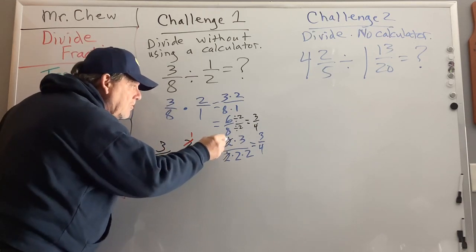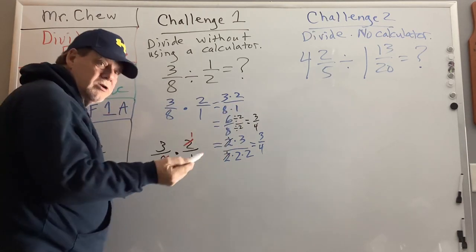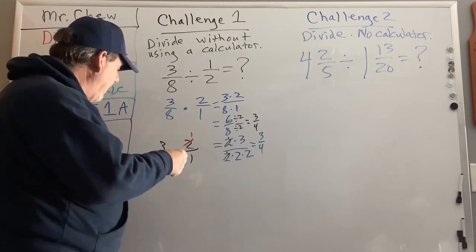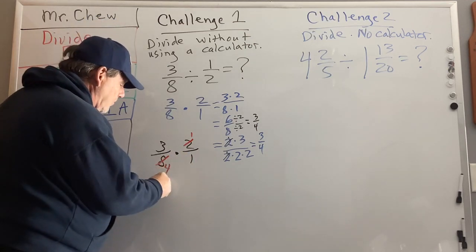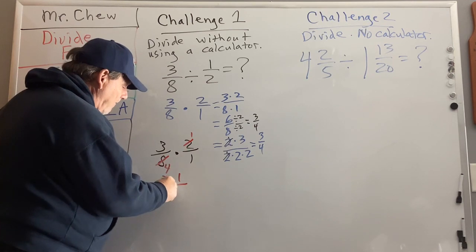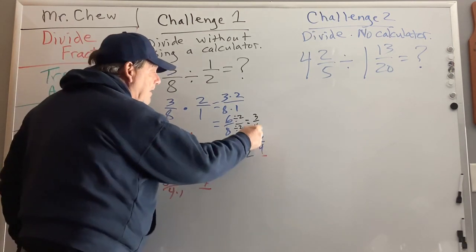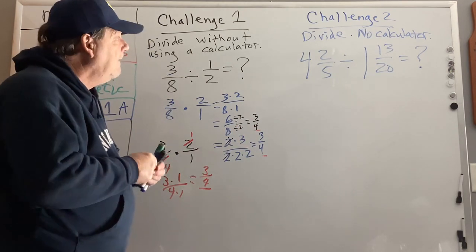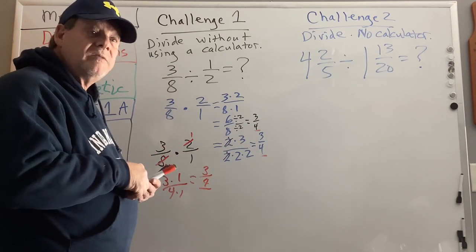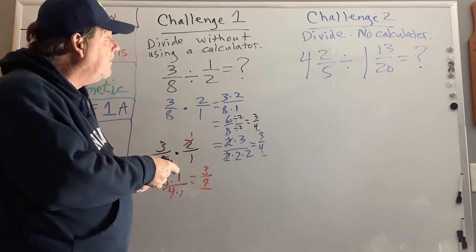Right there's the 2. Right there's the 2 that we just canceled. So it's going to appear in both. So this is 3 times 1 over 4 times 1, which is 3/4, which is the same answer I got all 3 ways. Hopefully you did that right. Did you? Comment. Let me know if you did it right.